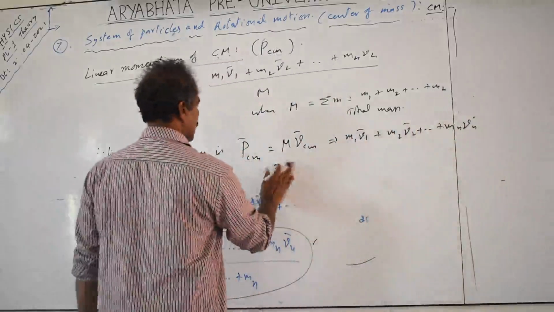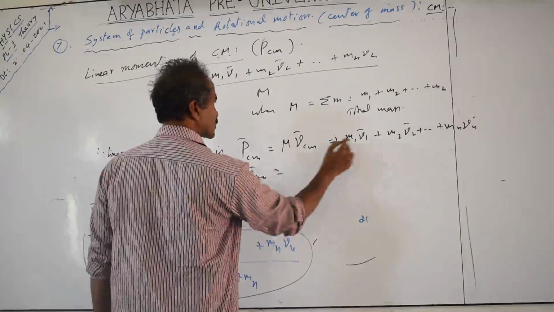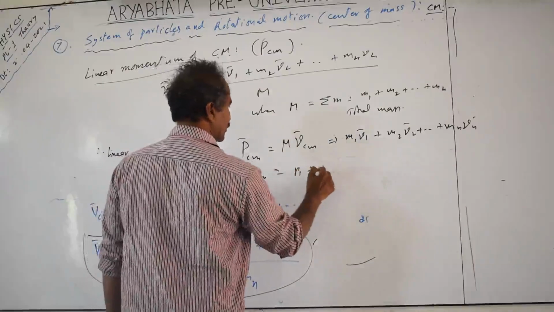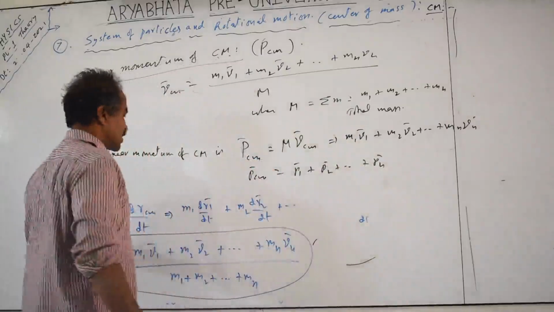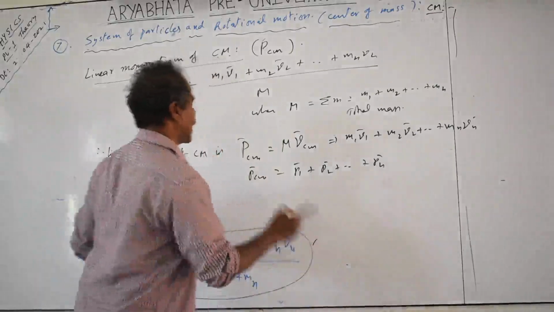We can write this also as pcm equals p1 plus p2 and so on plus pn. If any particle's momentum is in the opposite direction, we have to take it as negative.